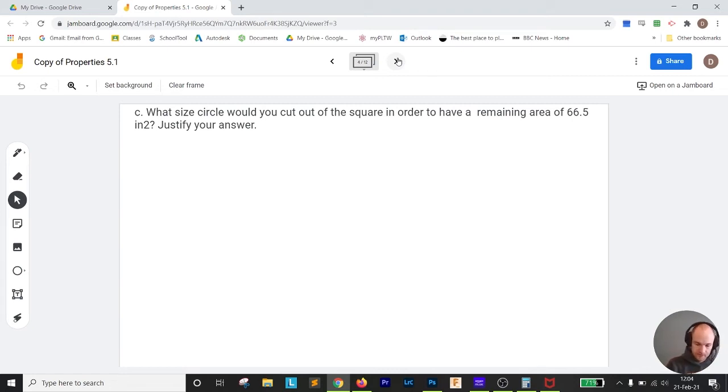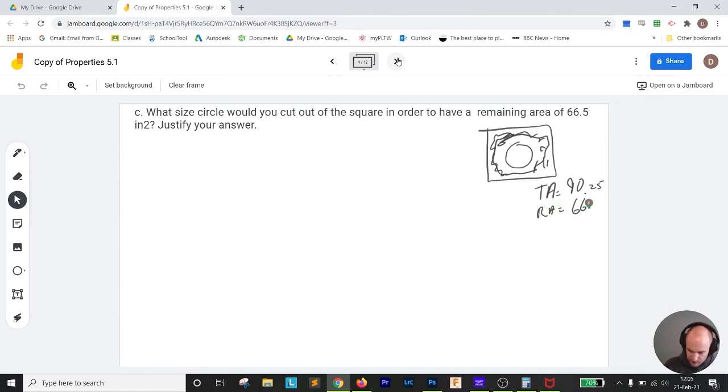Like if I draw the square over here, where the total area is the 90.25, and then I come in here and I draw a circle, and the area remaining, which I'm coloring in, is 66.5. Then what is the circle?